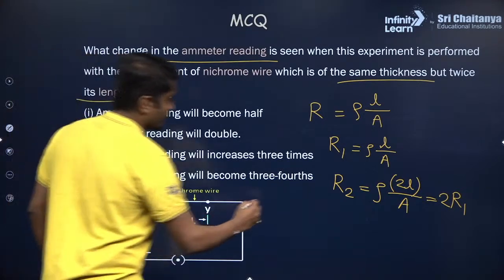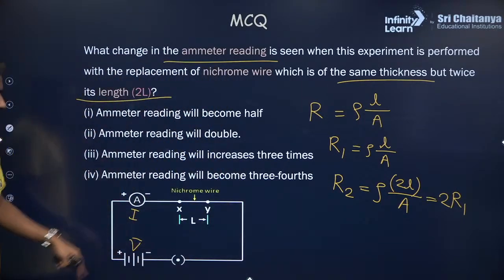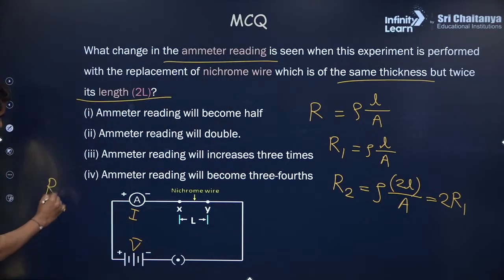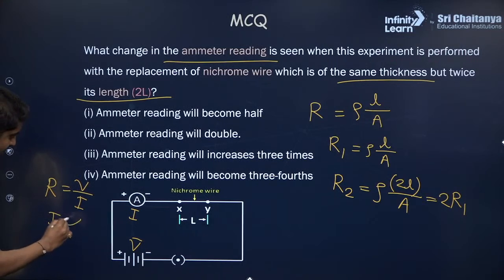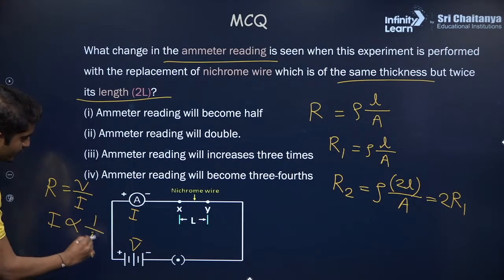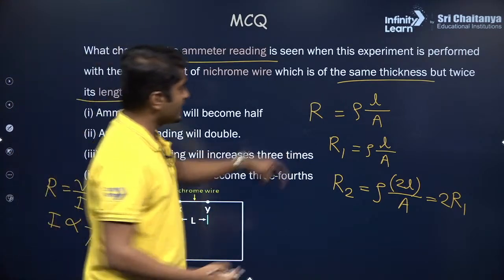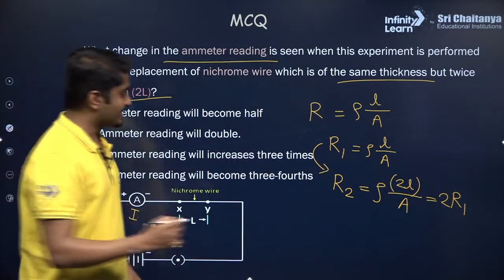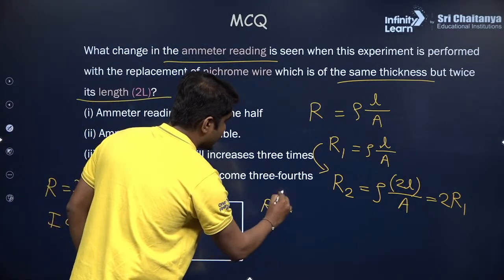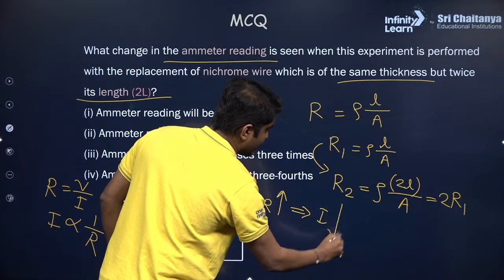So now here we know Ohm's law, and voltage is constant. Ohm's law says resistance is voltage divided by current. Voltage is constant, so current is inversely proportional to the resistance. If you increase the resistance, you see from here to here resistance has increased. So what will happen to the current? Current will decrease.